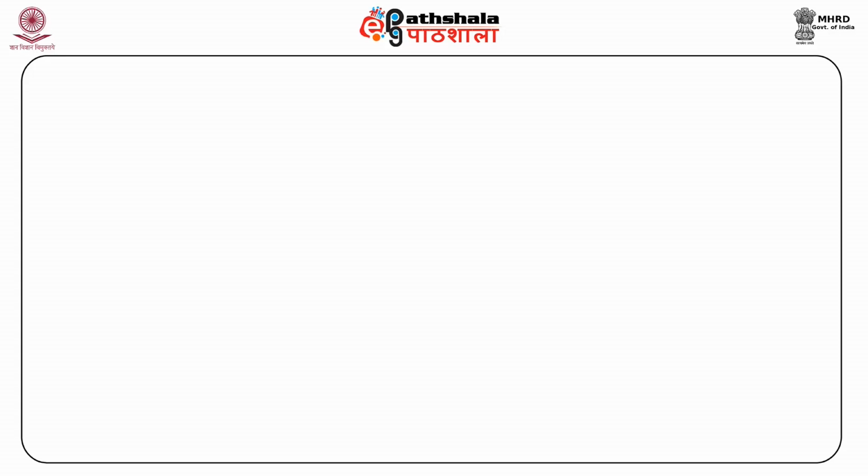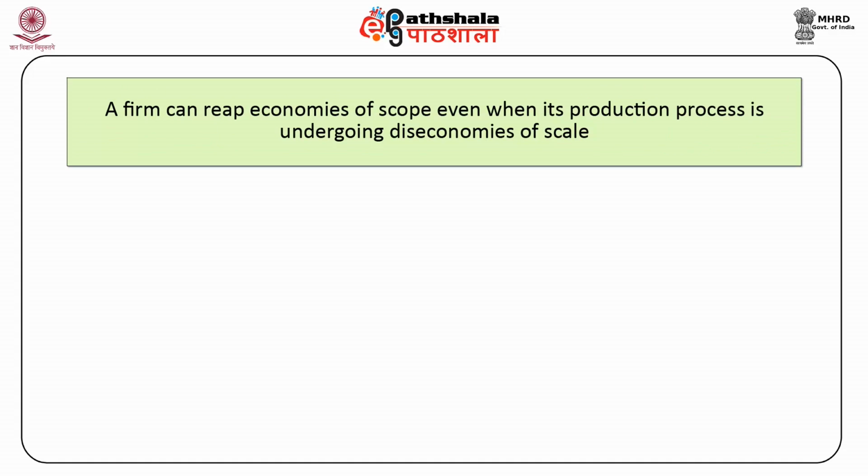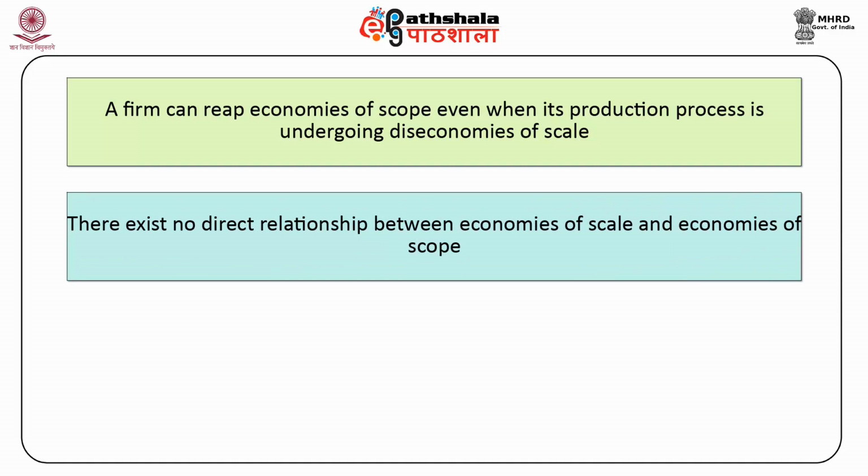Relationship between economies of scale and economies of scope. A firm can reap economies of scope even when its production process is undergoing diseconomies of scale. There exists no direct relationship between economies of scale and economies of scope.